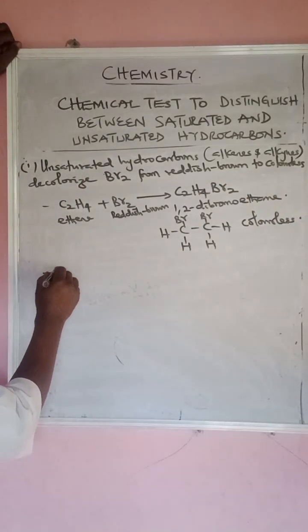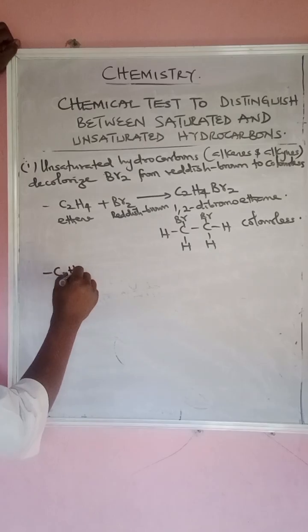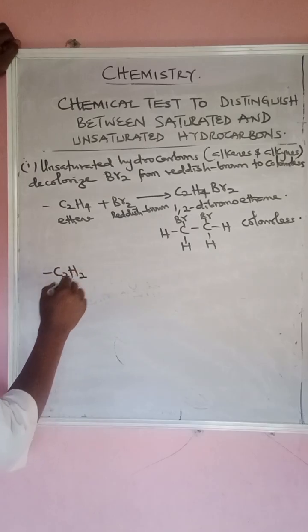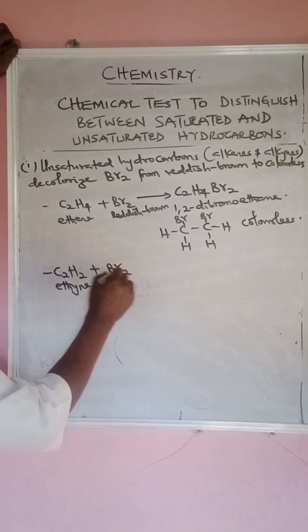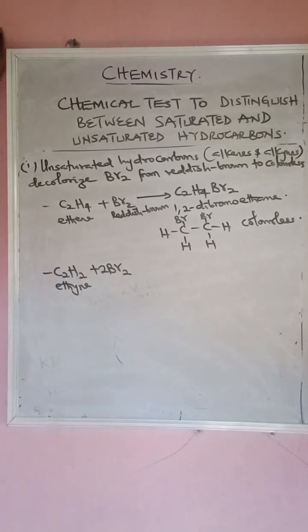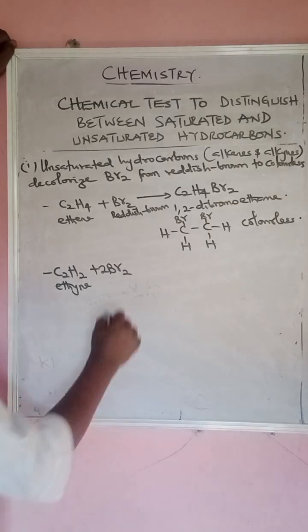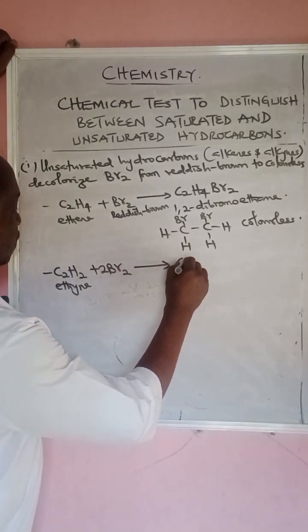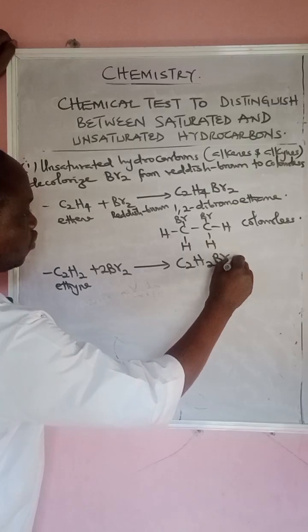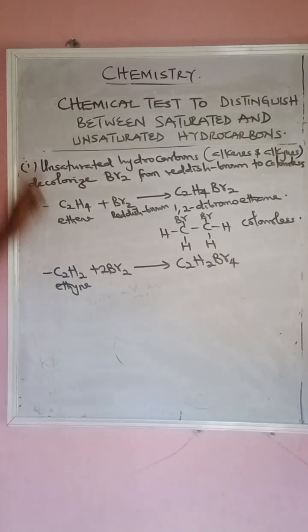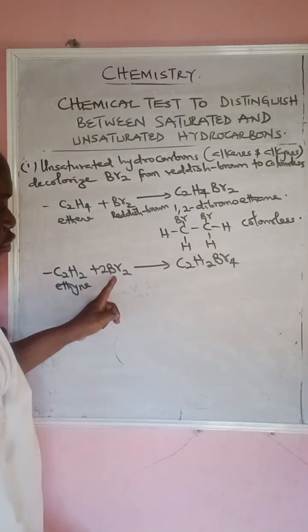So if you don't use that and use ethyne, C2H2, that is ethyne plus bromine. You know this one will require 4 atoms. We have done that. 4 atoms will become C2H2Br4, because we have 4 atoms of bromine.